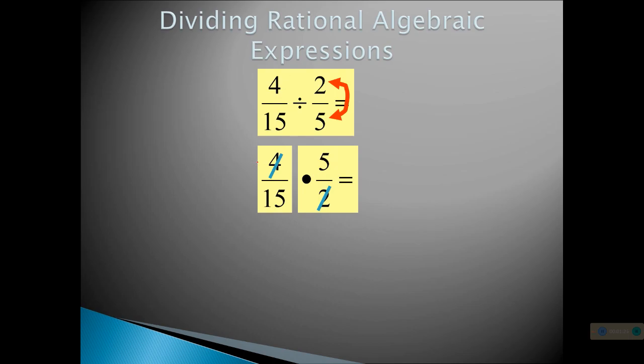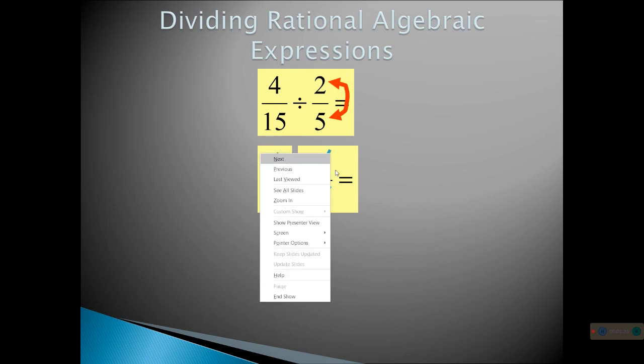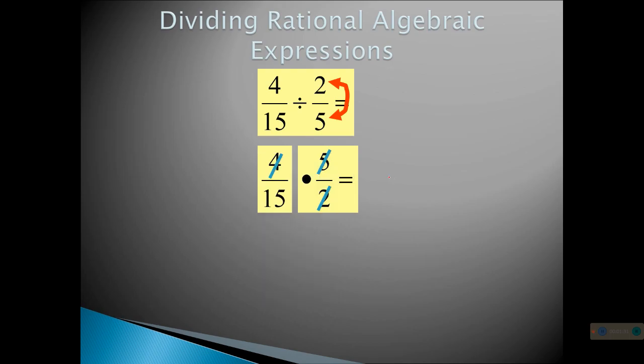So this 4 will become 2 and this 2 will become 1. Then 5 and 15 will become 1 and 3. Then proceed with multiplication. So your final answer here again is 2 over 3.